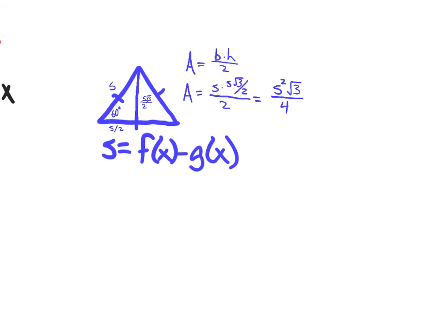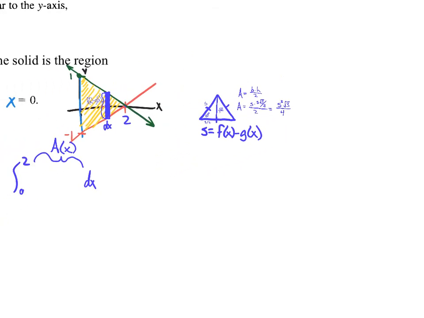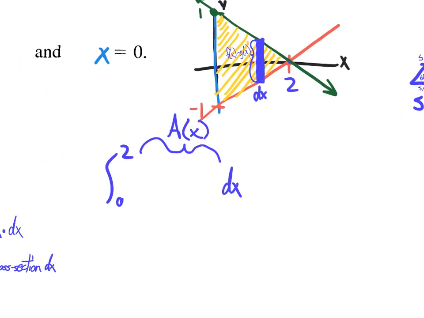Are we working only with equilateral triangles in this section? No. But the principle is the same. Whatever the shape is, you have to write its area as a function of x. So if we're doing the integral, would it be root 3 over 4 times the integral from 0 to 2 of s squared?